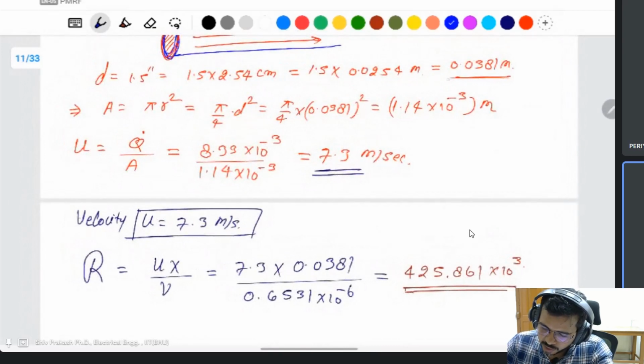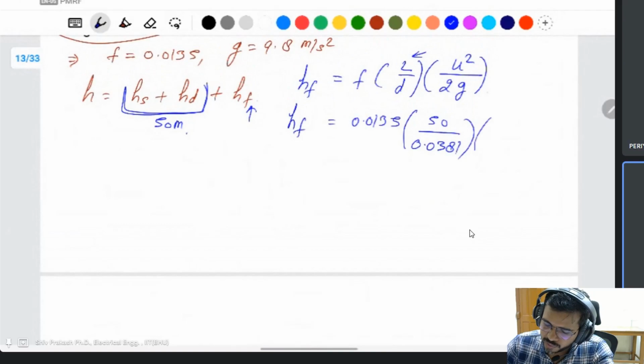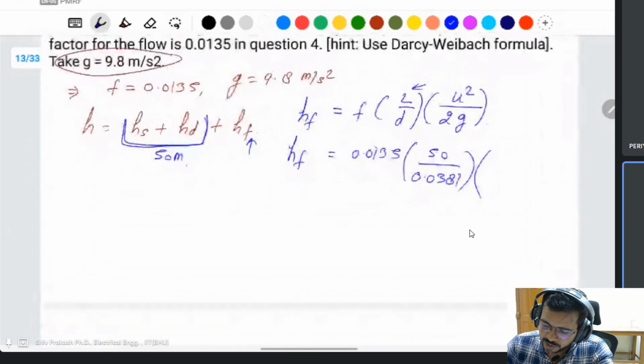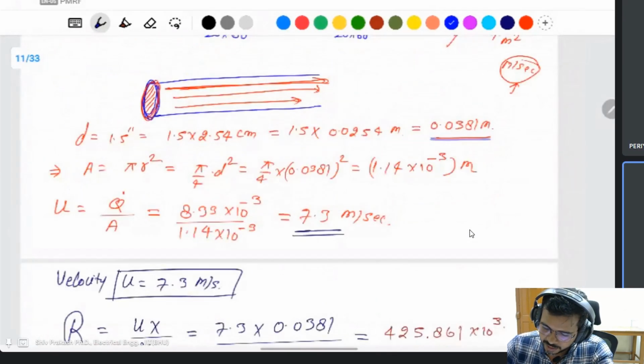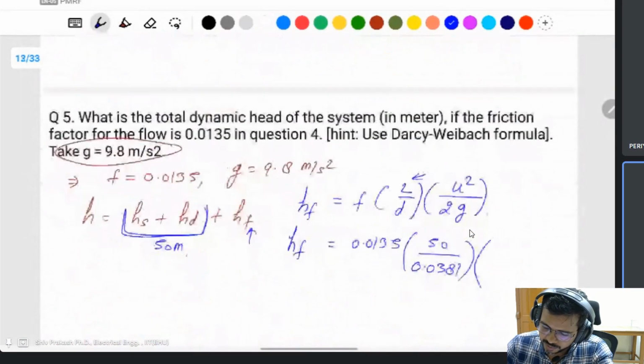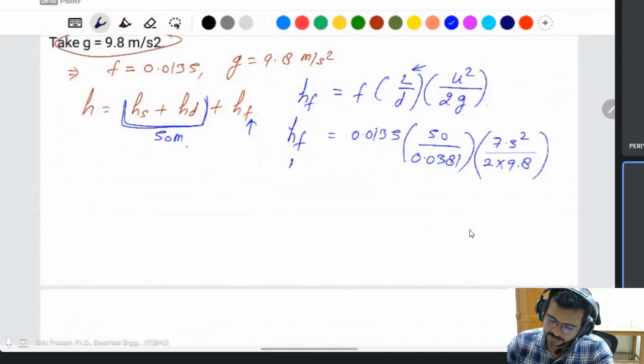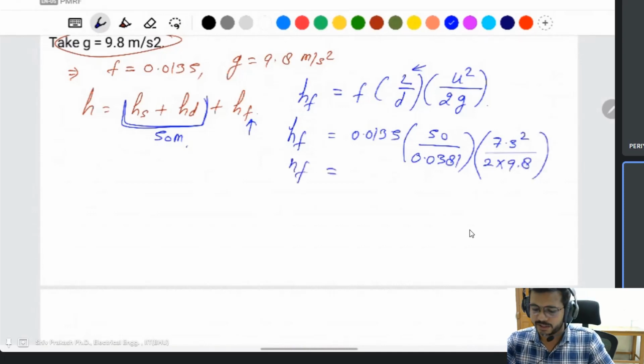D is 0.0381, and u, the velocity, is 7.3 meter per second, squared, divided by 2 into 9.8. Now what is the HF?